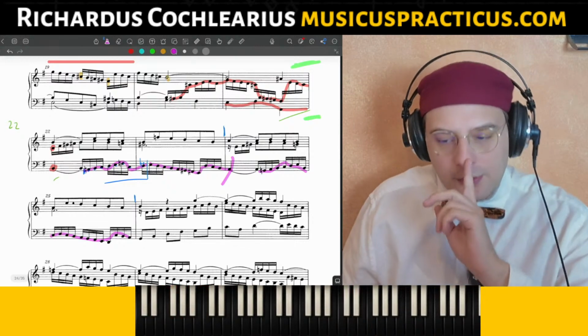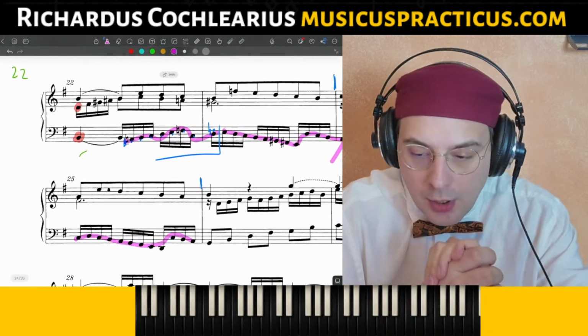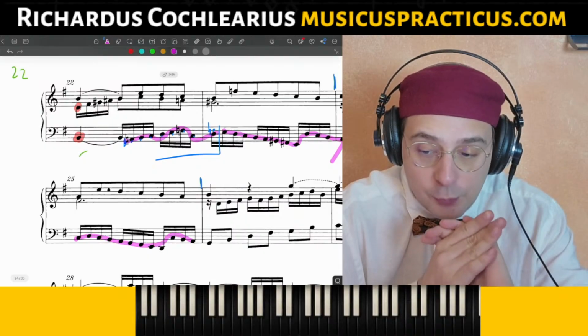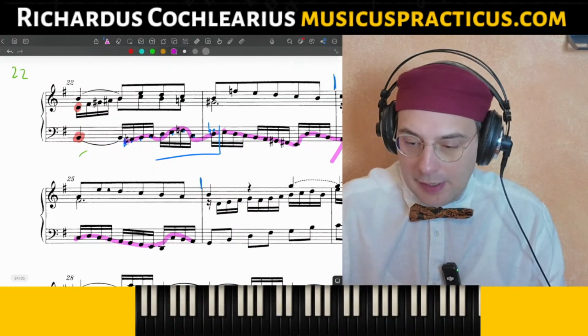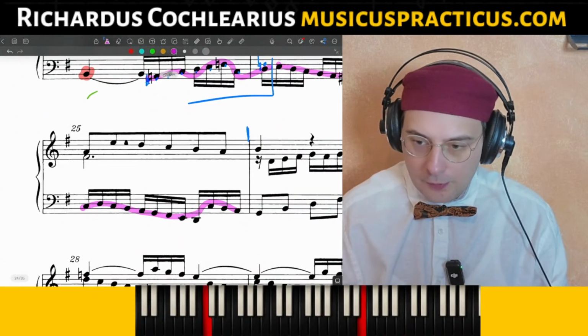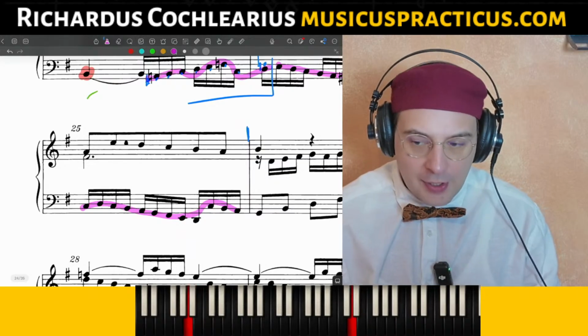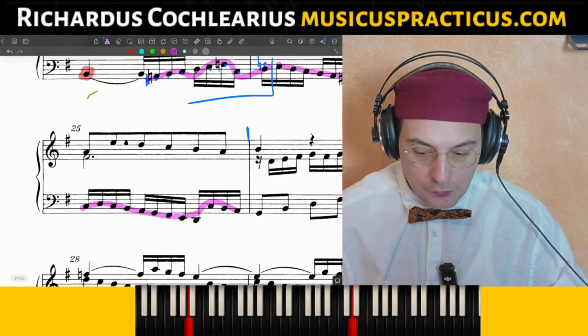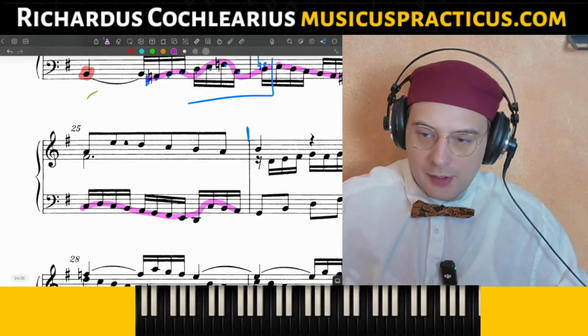So one of the interesting things when we have direct motion with different values is that it's very difficult not to do parallel octaves or parallel fifths. Let's see how Bach manages this section. So 3, 4, 4, 6, 5, 5, 5, 5, 6, 6.